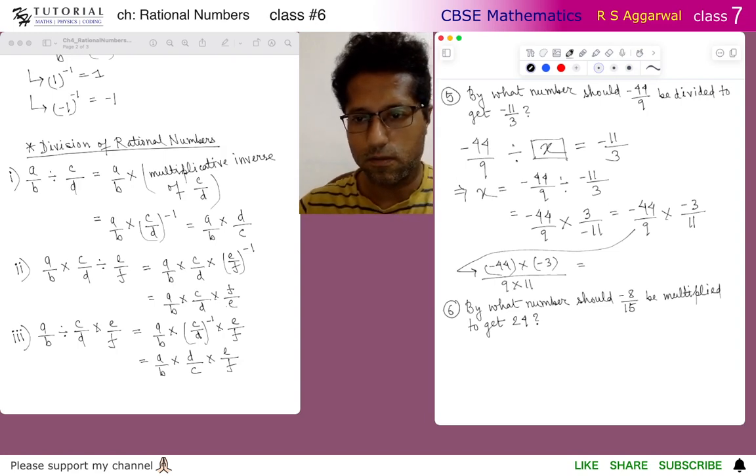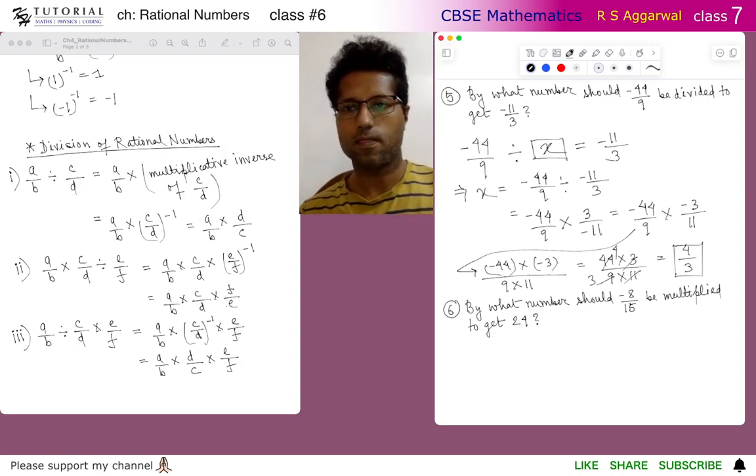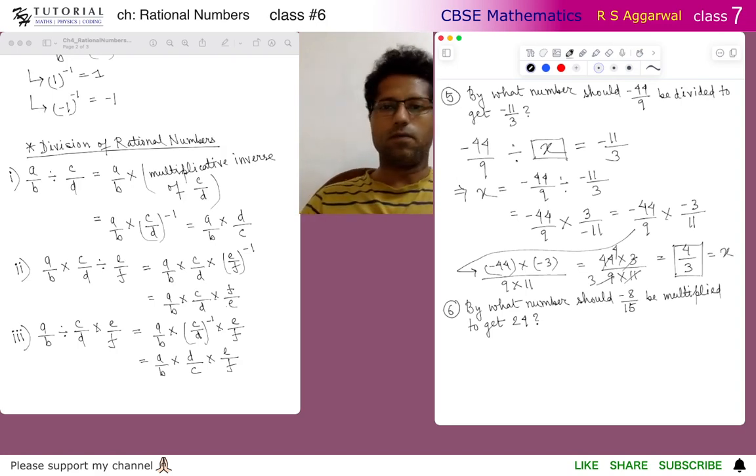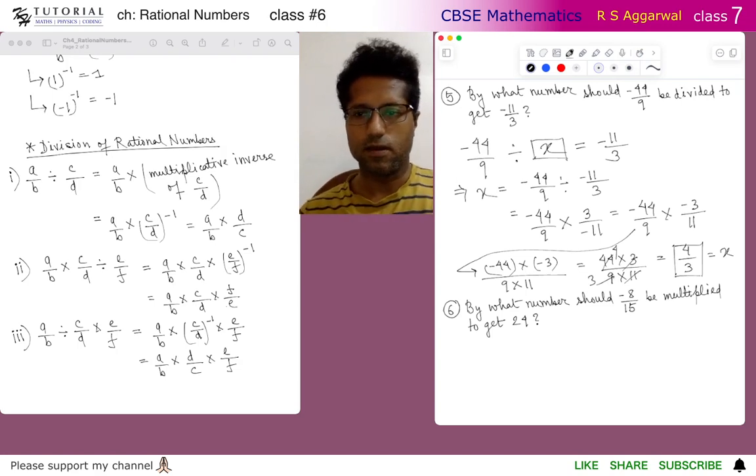This is 44 multiplied by 3 divided by 9 multiplied by 11, and we have the answer, 4 upon 3. This is the answer. Okay, so x is the number by which it should be divided, and that number is 4 by 3.